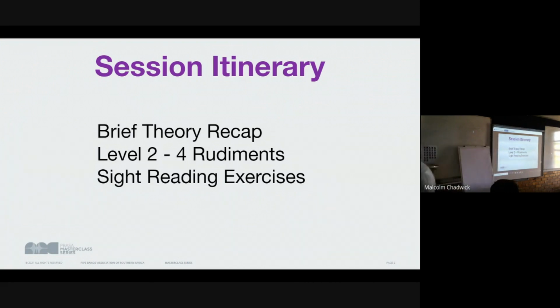In the session itinerary, we have a brief theory recap, level 2 to 4 rudiments, the PDQB levels, which Anthony Evans spoke on earlier, and lastly some sight reading exercises, also part of PDQB level 2 to 4. Josh did a session earlier where he introduced theory and music notes, so we'll do a brief recap of that before moving on to the rudiments.